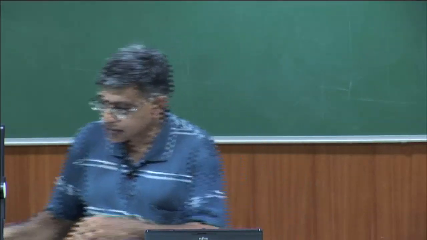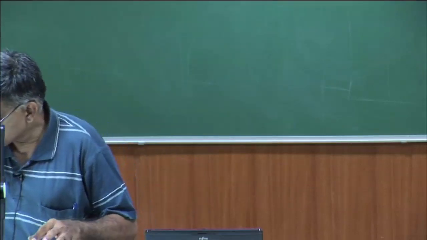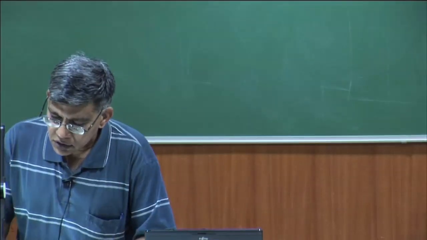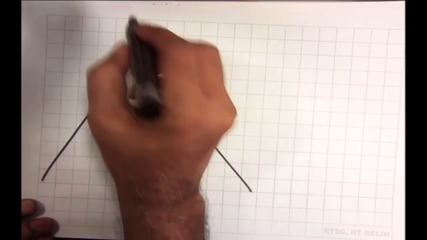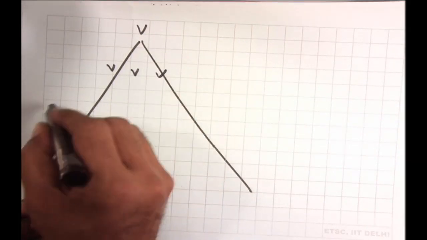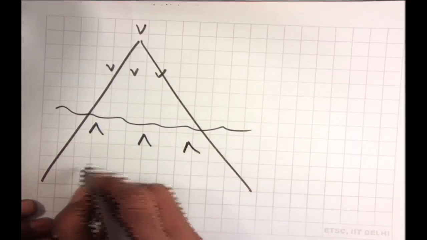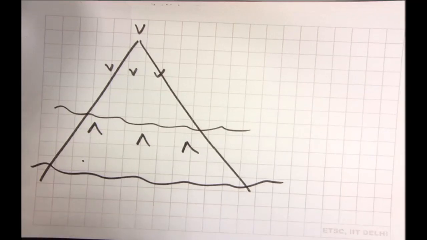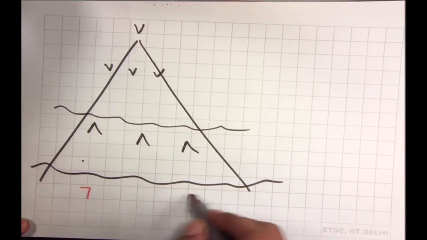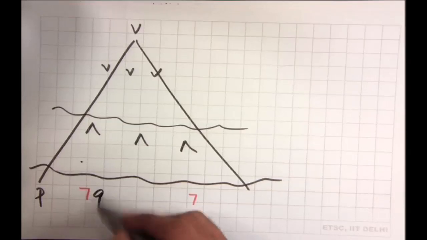Think of it as a tree. You have a huge tree, let us say, in which you had disjunctions all over the place up to some frontier, and then you had conjunctions all over the place up to some frontier, and then of course you had maybe some negations scattered, but otherwise everything else is an atom.